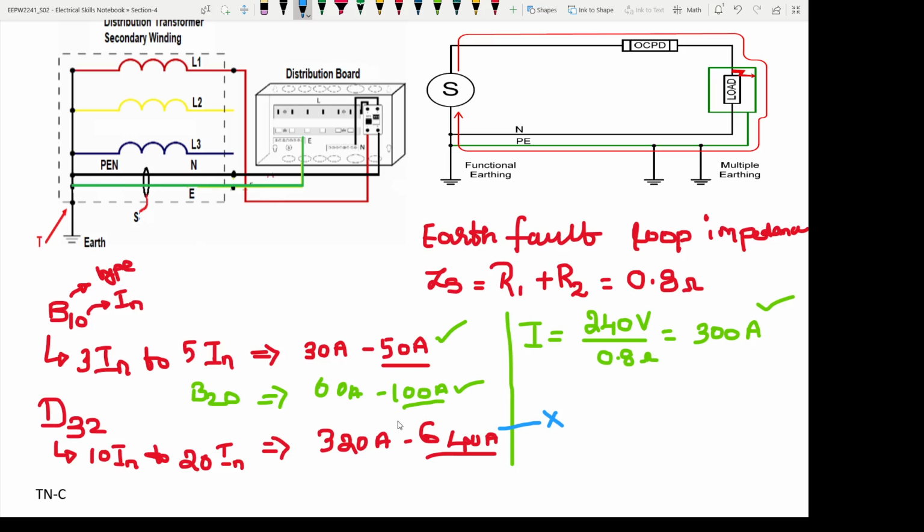So this is a simple comparison between B type and D type MCB used in the TN-S earthing system.